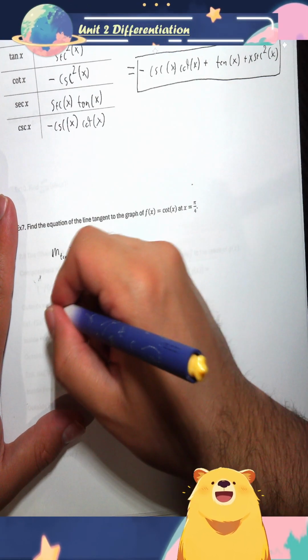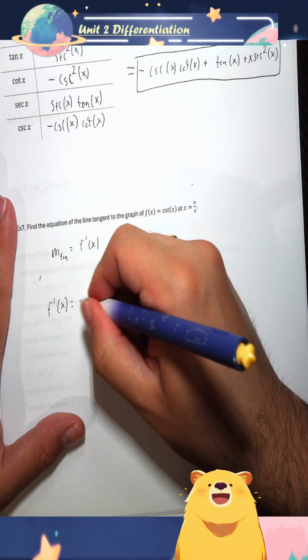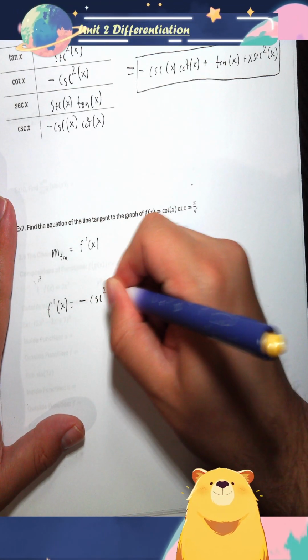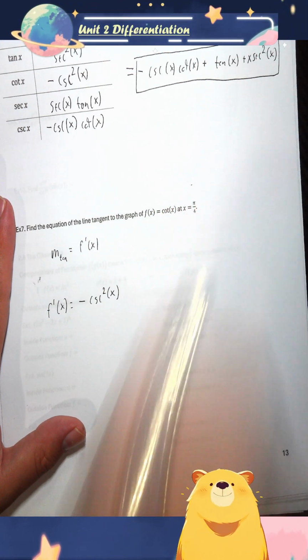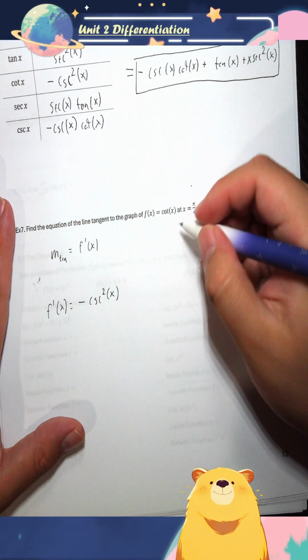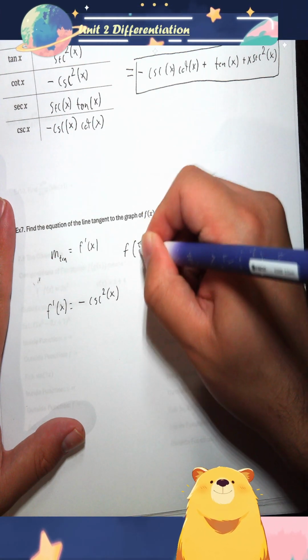So let's take the derivative of that function. That's just probably going to be negative cosecant squared of x. But now we need that specific coordinate. Well, oh, we're going to have to find the whole equation.